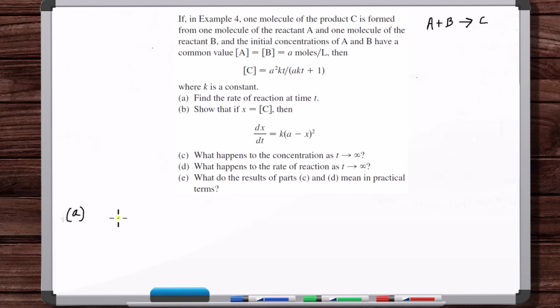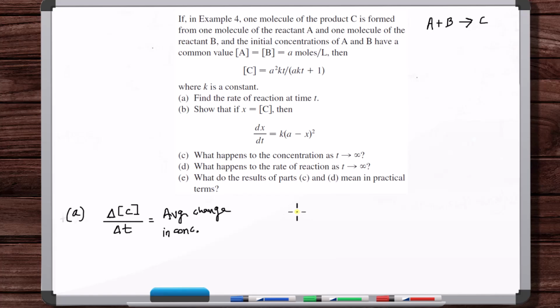So the idea is, if we want to get a sense for the change in concentration with respect to time, then you've got delta concentration of C divided by delta t, right? This is the average change in concentration, depending on the time interval you choose. Take the concentration at time t2, subtract from it the concentration at time t1, divide that by t2 minus t1. That's the average change in concentration over that time interval.